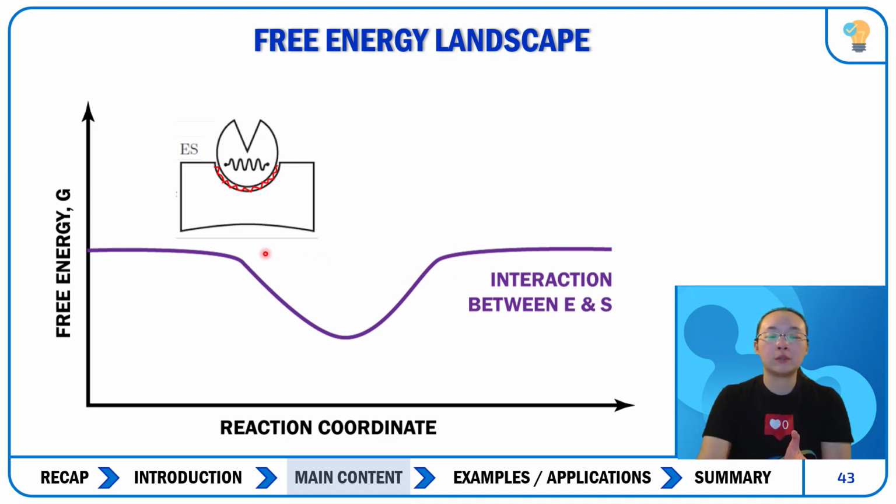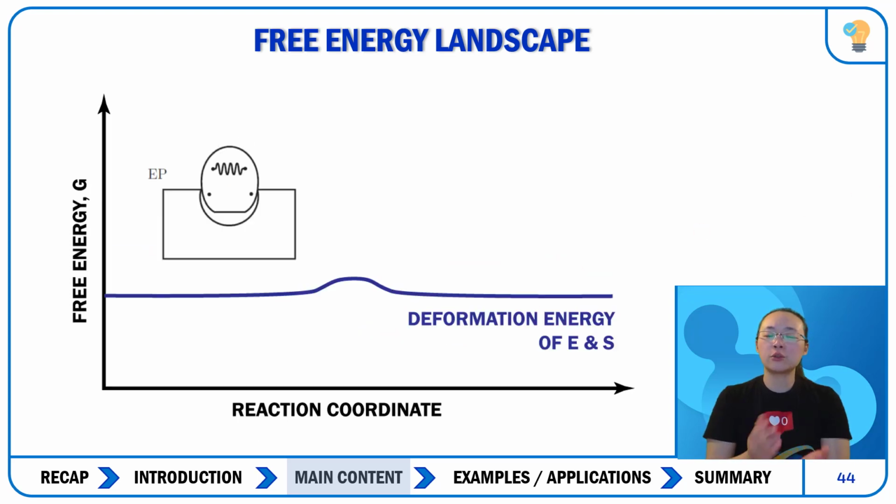So it helps lower the energy required to keep it in place. The third step is the creation of new bonds. The creation of new bonds is going to increase the free energy input into the system. It's going to have a deformation of energy due to the ES complex.